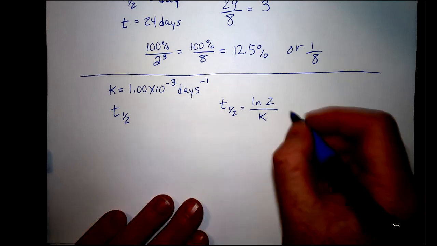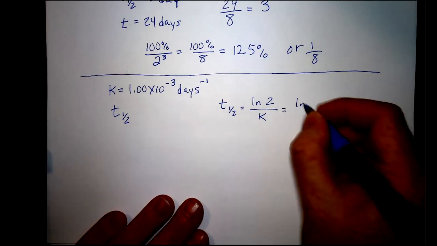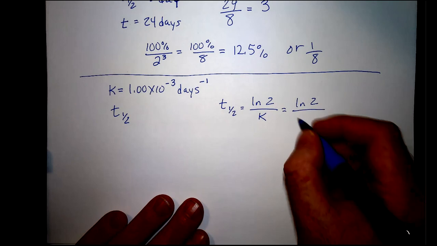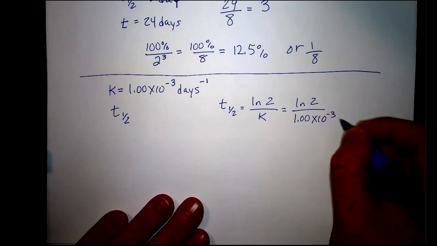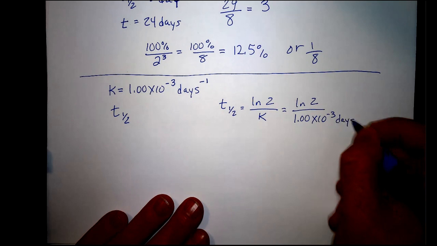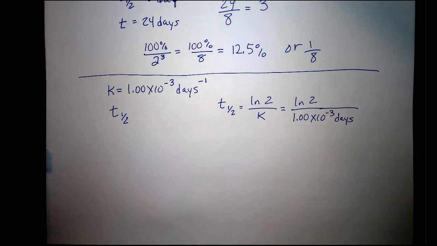I've already transferred the information to the paper, so we got natural log of 2 divided by 1.00 times 10 to the negative third days. And then it's just running that through your calculator. You can crunch out the 0.693, but I find it's more accurate to just use the natural log of 2, since the calculator will handle that.